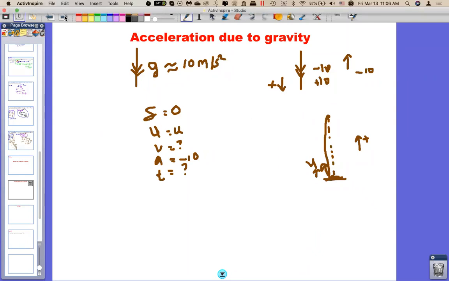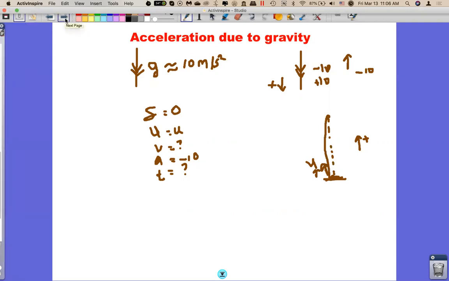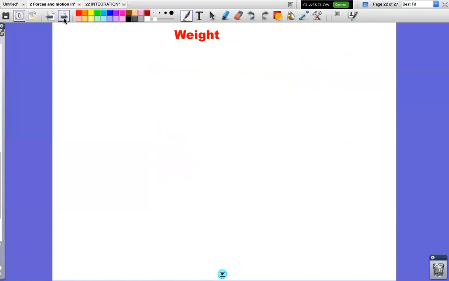So if an object is near the surface of the earth, we have talked about this before. If this is, say, the earth, and an object is here, the earth will pull this object with a force.